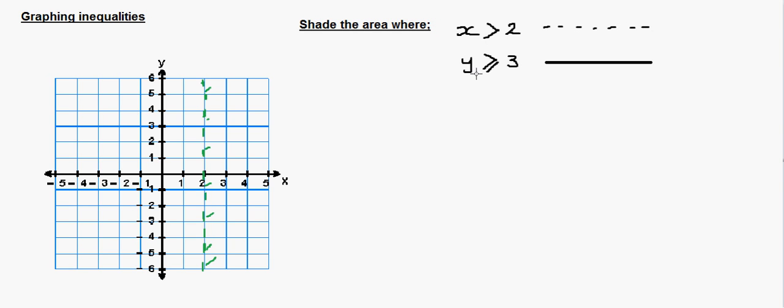Now, if y is greater than or equal to 3, this is a solid line. If I go to where y is 3, anywhere on this line y is 3. Okay, so y is 3 here, y is 3 here, y is 3 here.